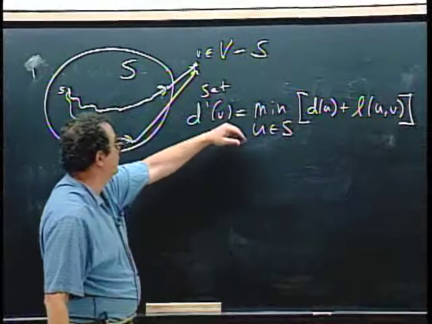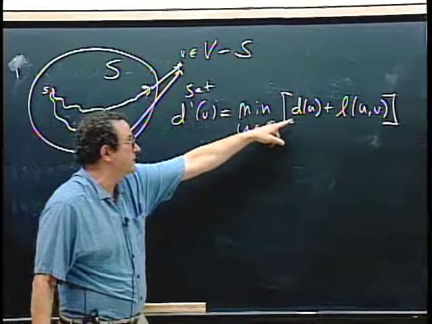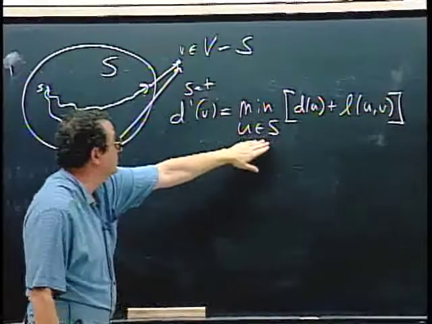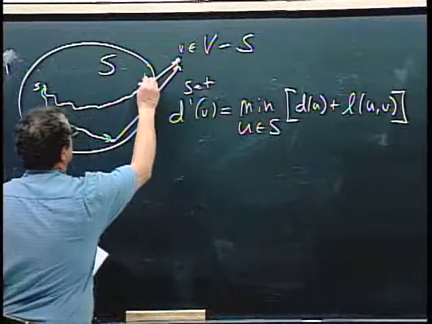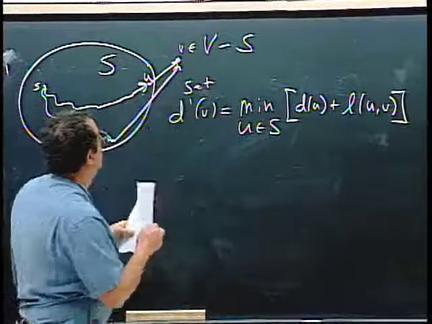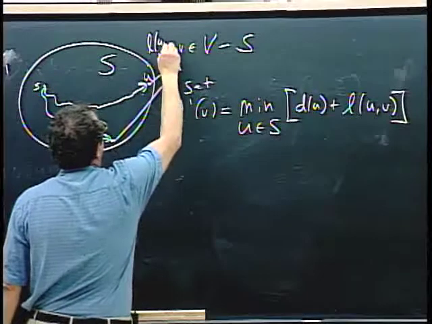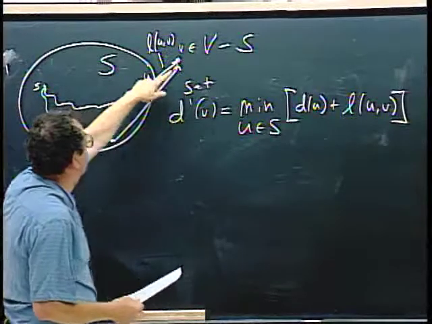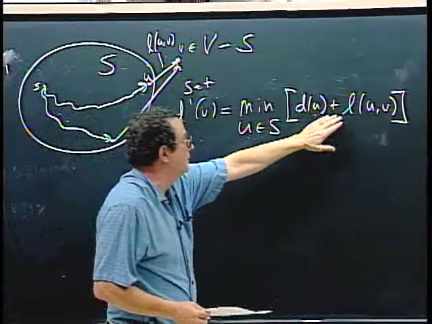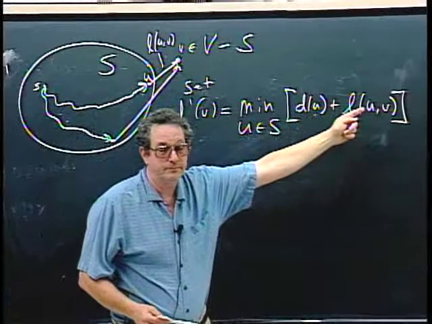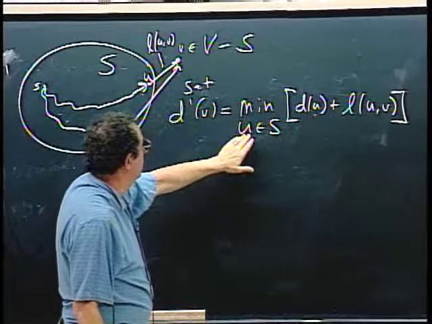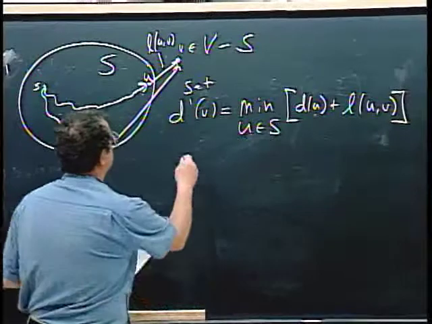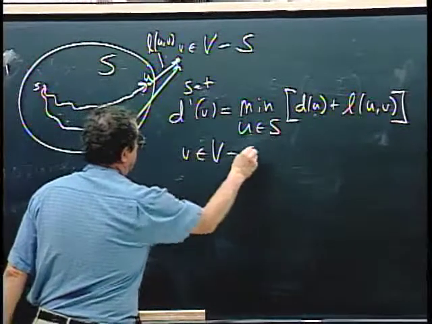So again, this represents the length of a particular path that goes through some node U in S, and then it goes directly to V, and that edge has length UV. So the path length of this particular path is d of U plus the length of the edge UV. All right, and we're going to take the minimum over all of those nodes U that are in S, and this is done for V contained in V minus S.